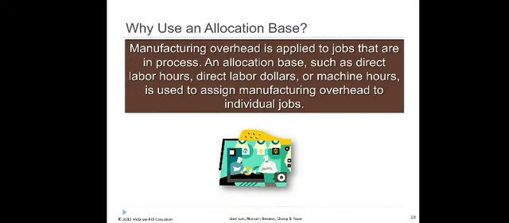To calculate the predetermined overhead rate, you have to use an allocation base. To make it simple: if a company is a machine intensive business, then the allocation base is machine hours. And if a company is a labor intensive business, then the business should use direct labor hours as the allocation base.